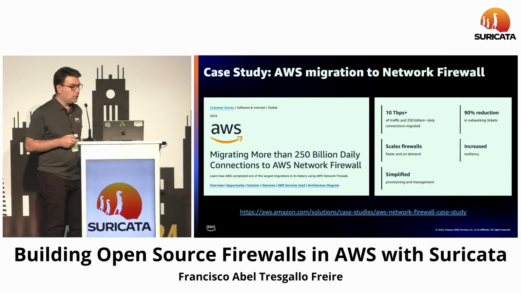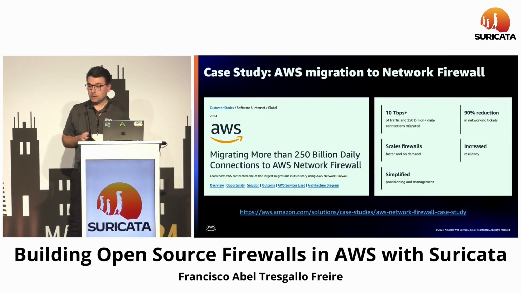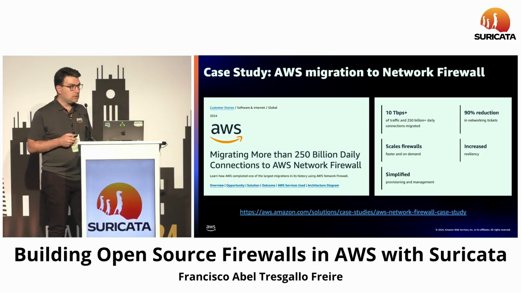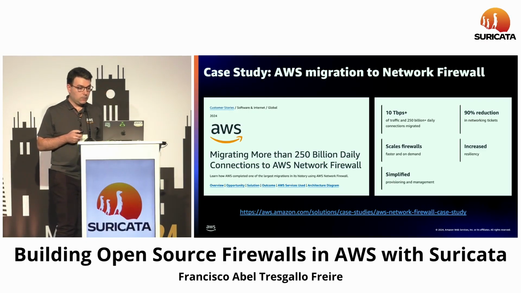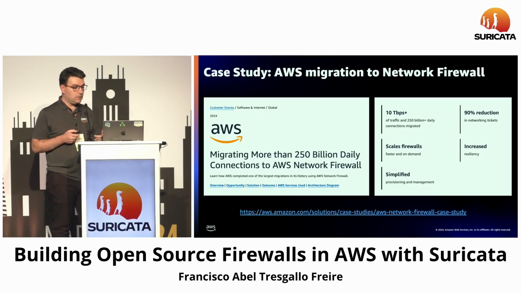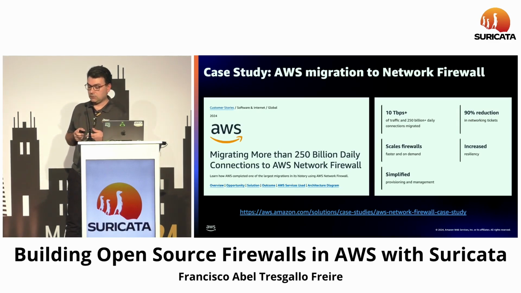Now, if you are wondering who is currently using the AWS Network Firewall, we have several case studies already available in the AWS website. We have chosen this one in order to show very quickly to you, but there is something that we can tell, is that AWS itself is using internally AWS Network Firewall for processing a big amount of traffic every day.